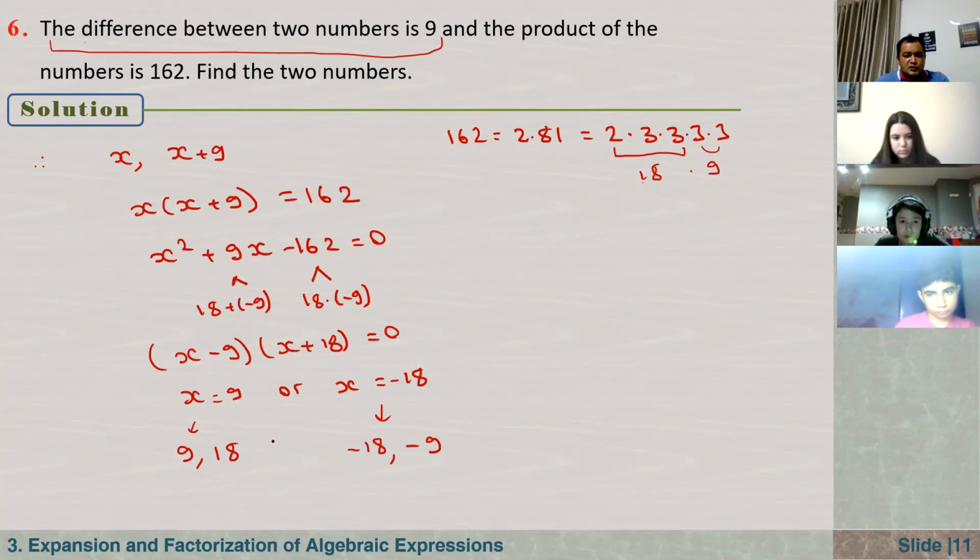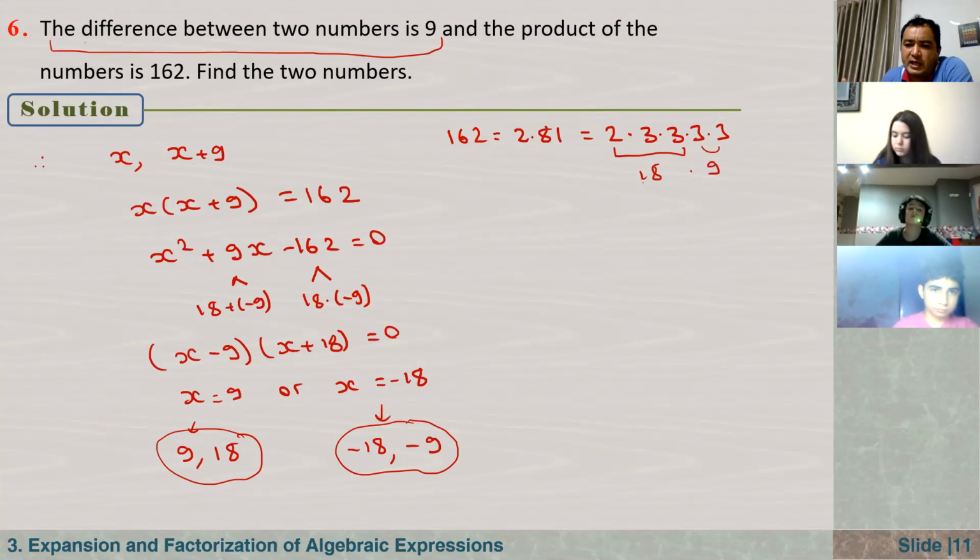Musa, which one should we pick as an answer? This one or this one? Or both? Both, because in the question it didn't say whether the numbers are positive or negative.